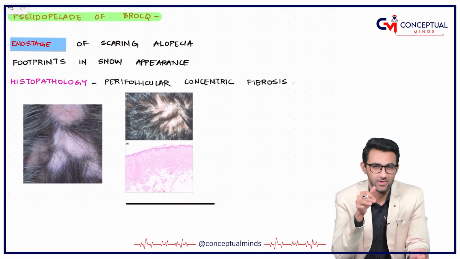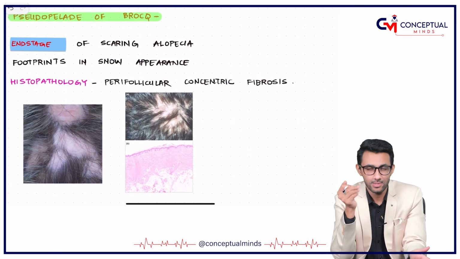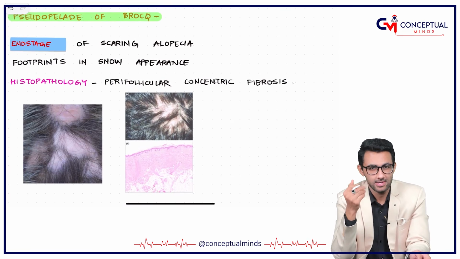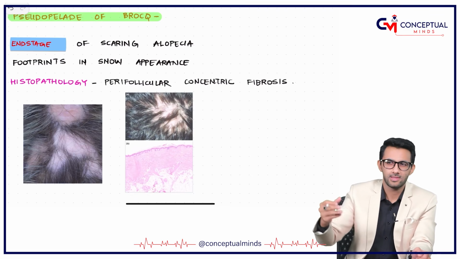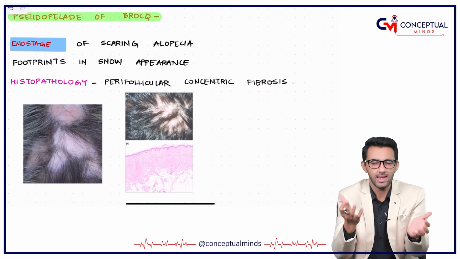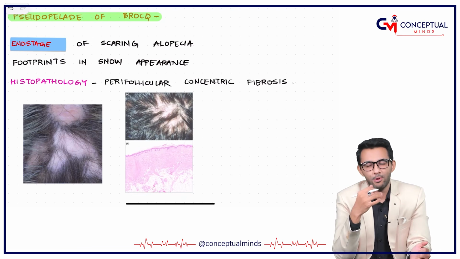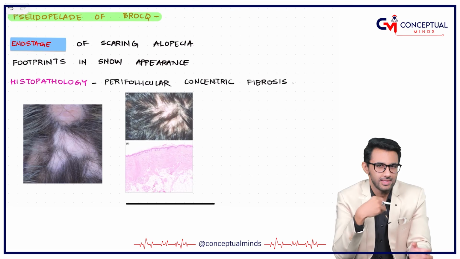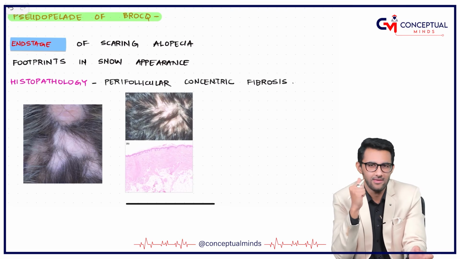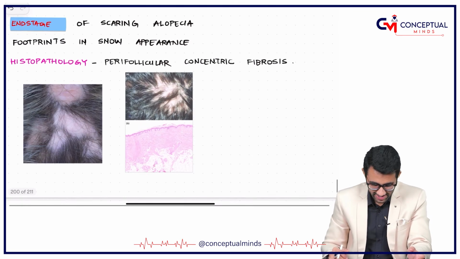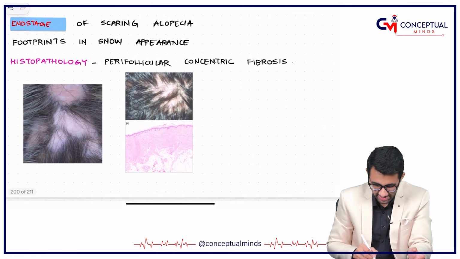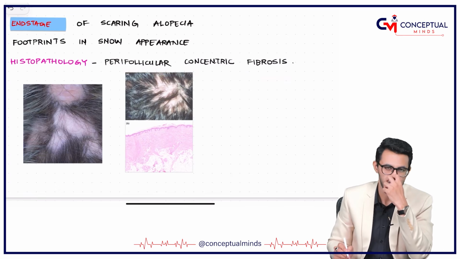Looking at the first snow, probably it snows at night time, and you open the window and it's like that pristine white snow, and for some reason the snow is so radiating, right? And probably in the morning have a cup of coffee, just the perfect moment in our life. All right, fine. So holding on to that and coming back to the topic, in histopathology we find perifollicular concentric fibrosis is seen.